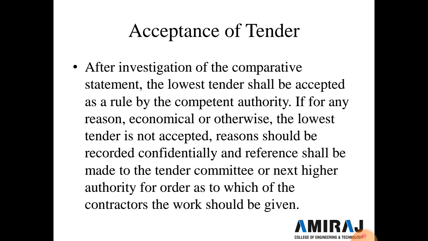If for any reason, economical or otherwise, the lowest tender is not accepted, reasons should be recorded confidentially, and reference shall be made to the tender committee or next higher authority for orders as to which contractor the work should be given.